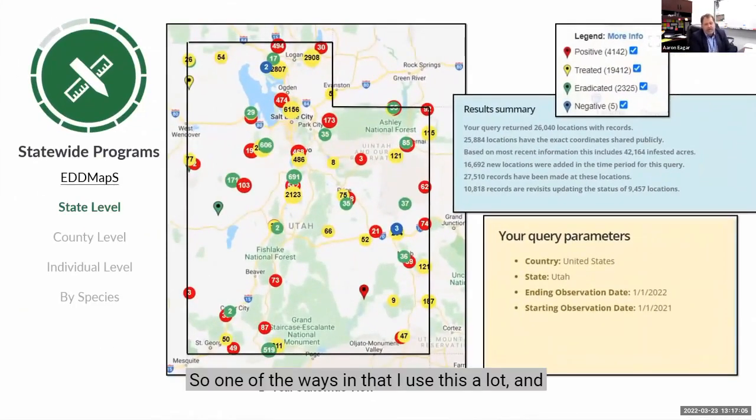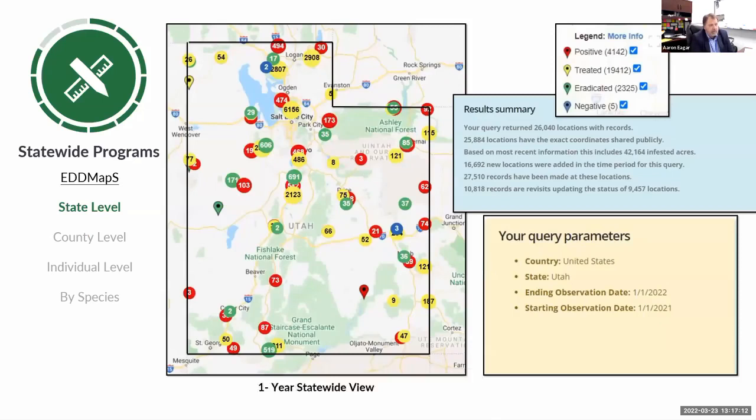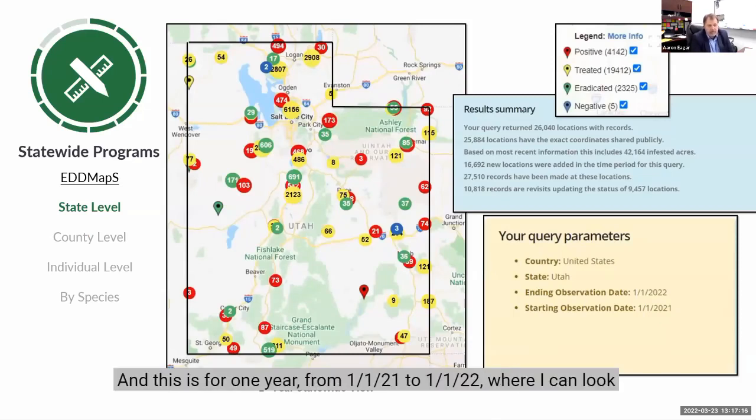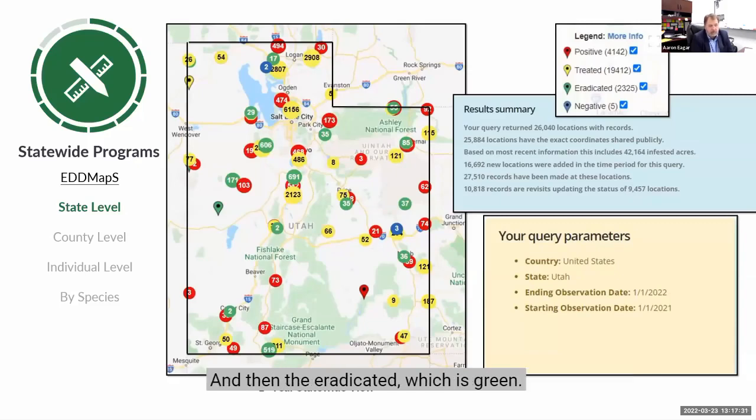So one of the ways I use this a lot, and this is where we'll jump into the use of this, is a query that I do quite often. This is for one year, from 1/1/21 to 1/1/2022, where I can look across the entire state and see what the new points coming in are, in red, which ones have been treated, which are yellow, and then the eradicated, which is green.